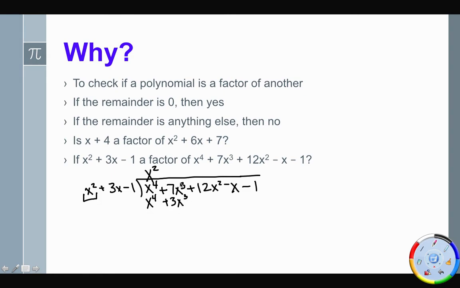Notice that the like terms are being put in the same columns here. X squared times minus 1 is a minus x squared. And when I subtract, x to the fourth goes away. 7x cubed minus 3x cubed is a 4x cubed. 12 minus negative 1 makes a plus 13x squared. And we drop the leftovers.